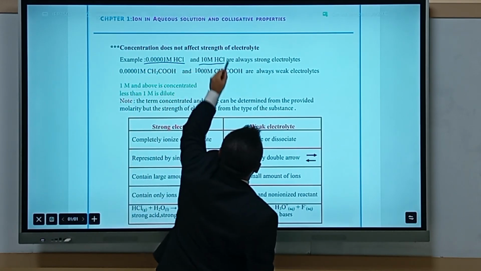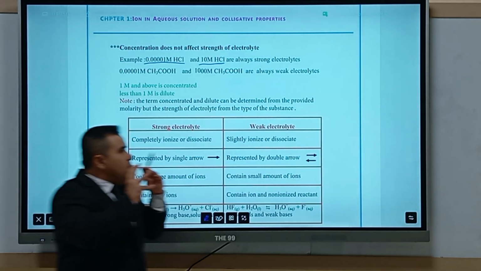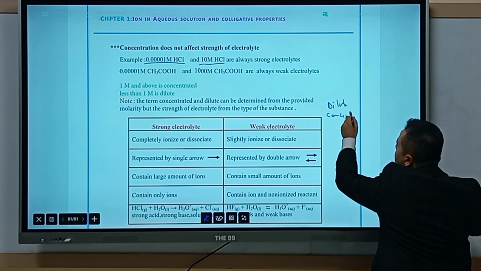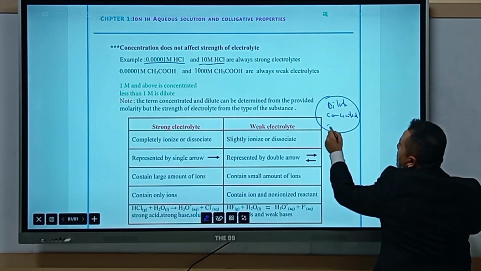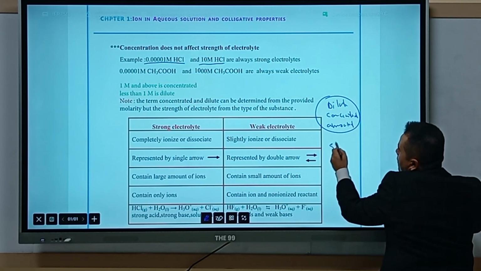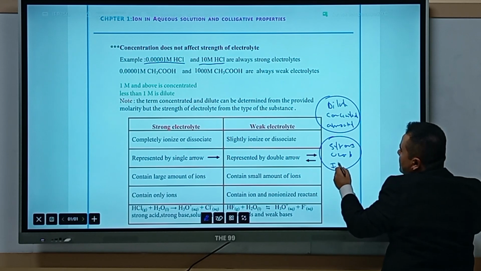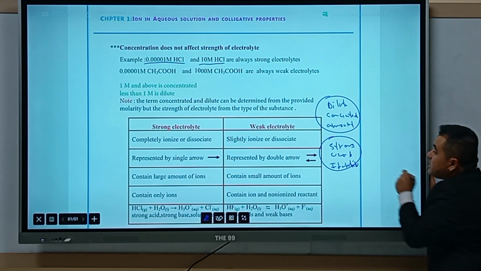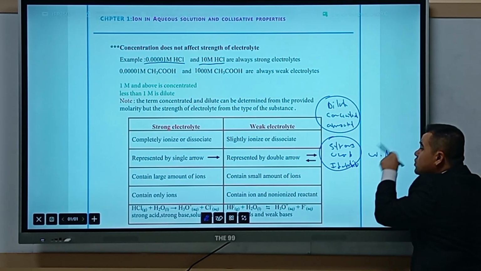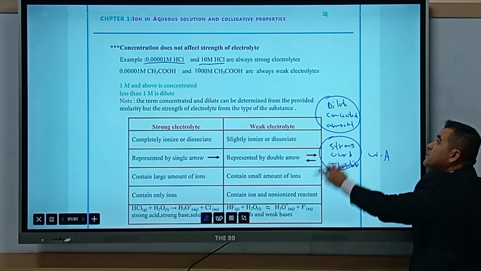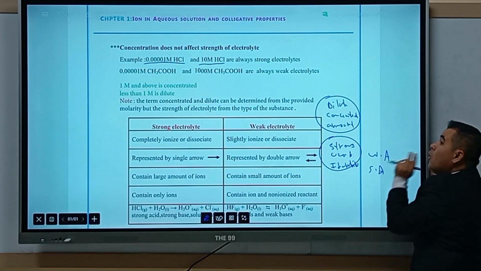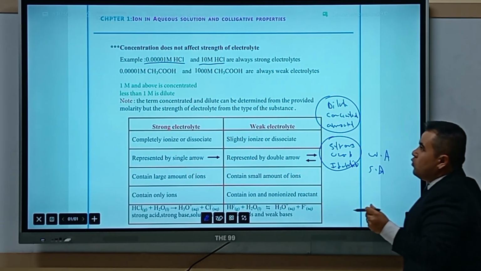So the examples here, guys: 0.1 molarity HCl with 10 molarity HCl. Two terms, dilute and concentrated, refer to the amount. The strong or weak refers to the identity of the substance. Whenever the substance is a weak acid, it's a weak electrolyte, even if it's highly concentrated. Whenever the substance is a strong acid, it's a strong electrolyte, even if the amount is low.